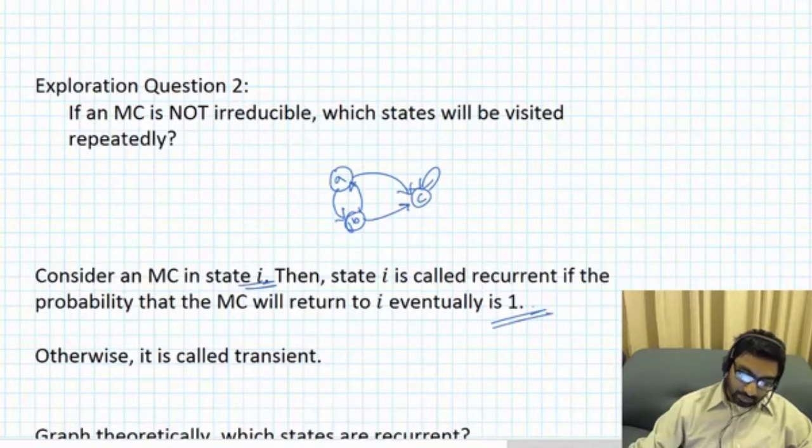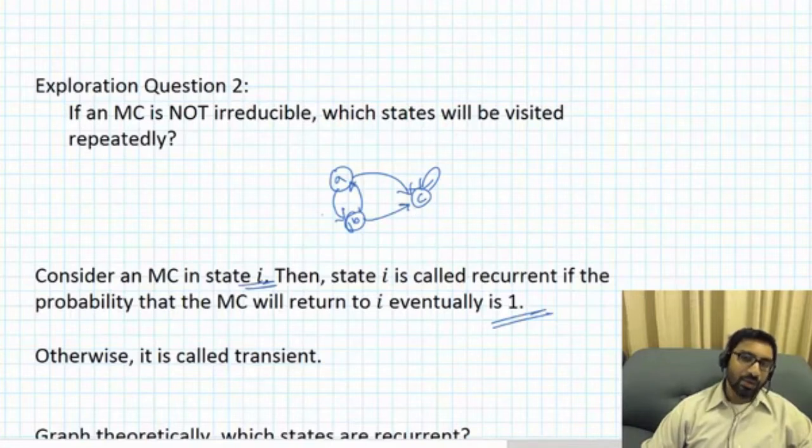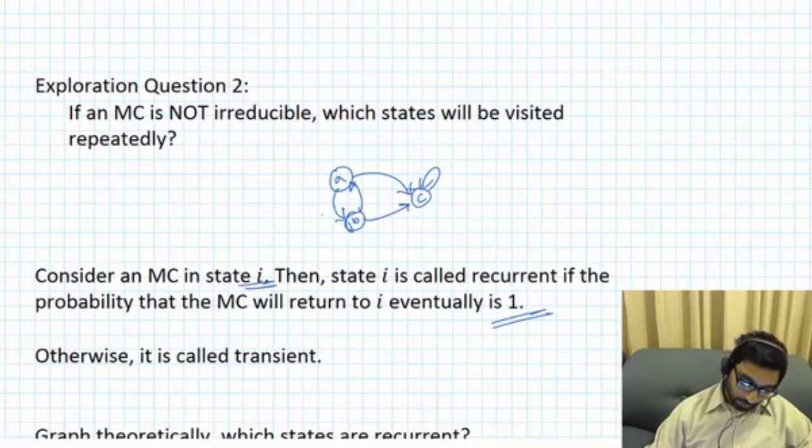So in this simple example, once you go from A to C, there is no hope of returning back to A. So if you are at state A, there is a certain probability with which you will never return back to A. So then A is not a recurrent state. However, C is a recurrent state, because if you are at C, eventually you're going to come back to C.